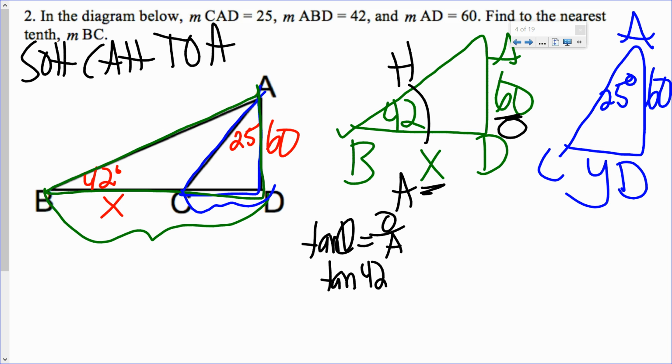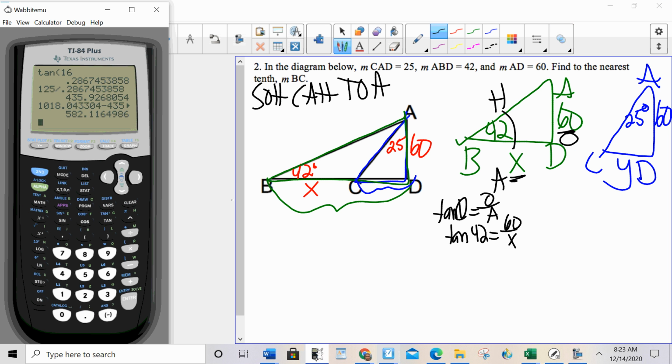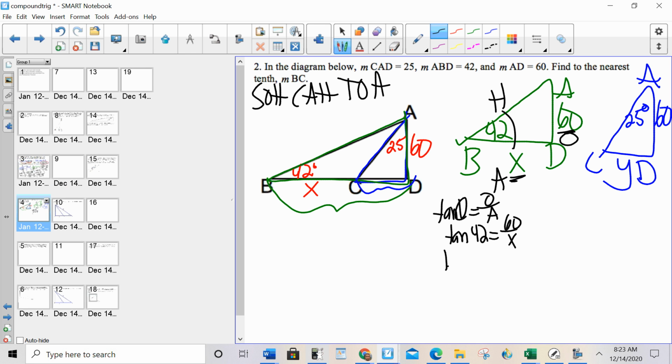Tan of 42 equals 60 over x. Tan of 42, put that into the calculator. 1.7320 equals 60 over x. Cross multiply.